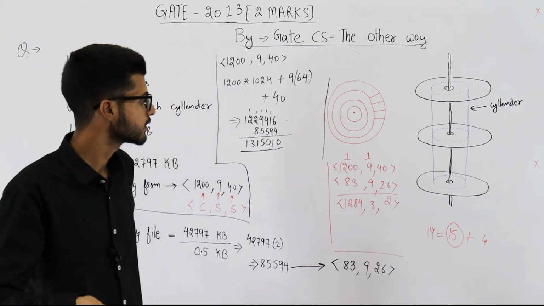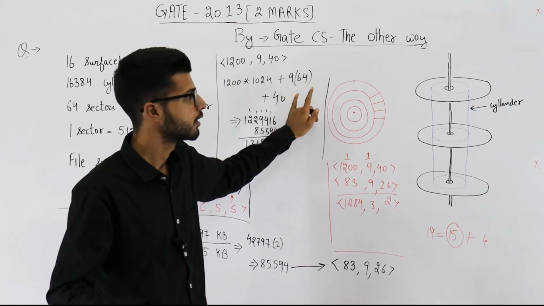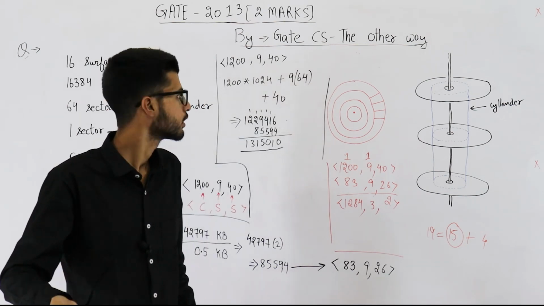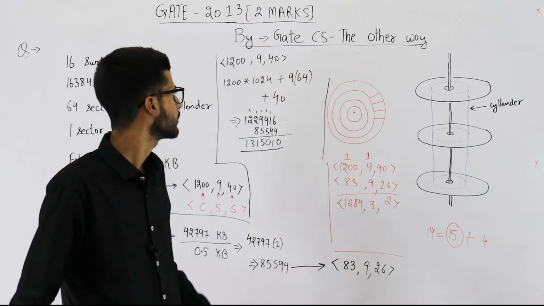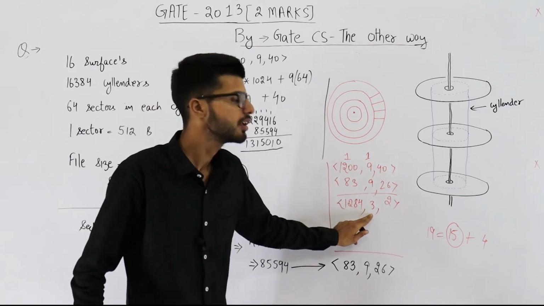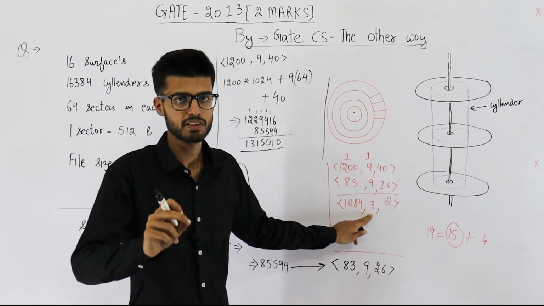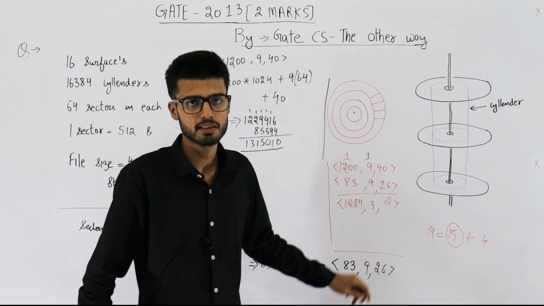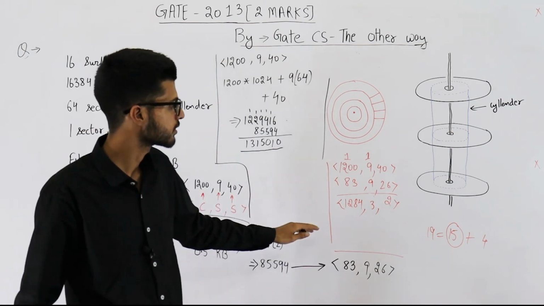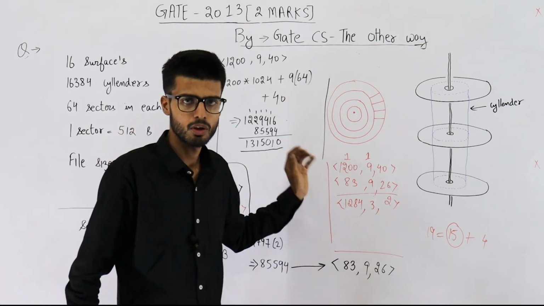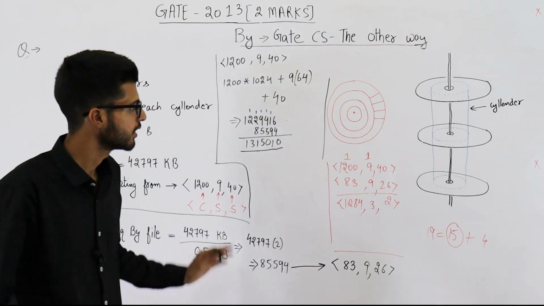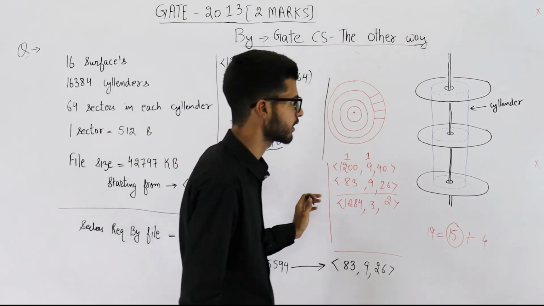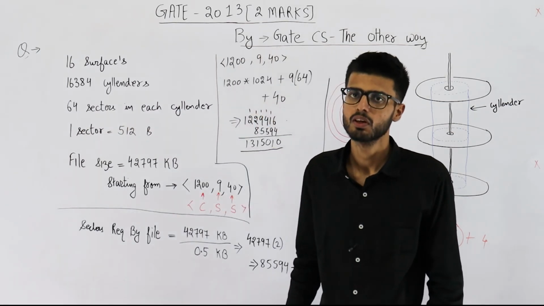That will certainly be greater than 64, so you can club some of them into three surfaces. Still you will have two sectors extra. So you just perform this division, and you will get this answer also. We have solved it in both ways and we have understood this question in great detail. I hope it helped you in your preparation.